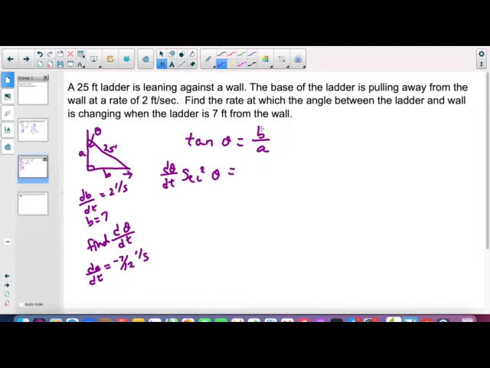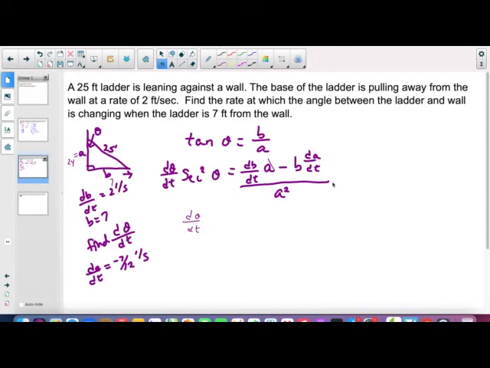The derivative of B is dB over dt times the original bottom, which is A, minus the original top, which is B, times the derivative of the bottom, which is dA over dt, and that's all over the bottom squared, which would be A squared. So what they're asking us to find here is d theta over dt. d theta over dt is what we're going to get by itself.